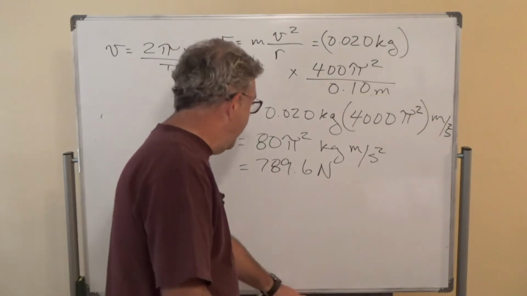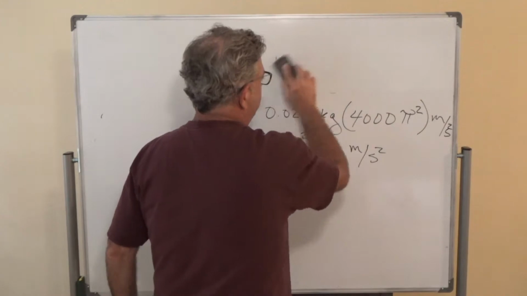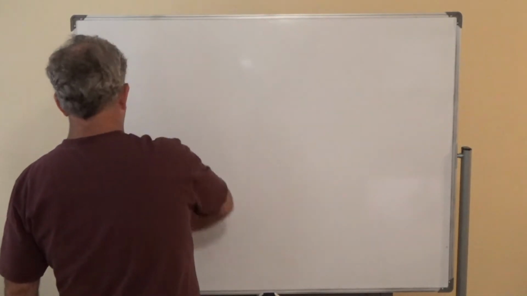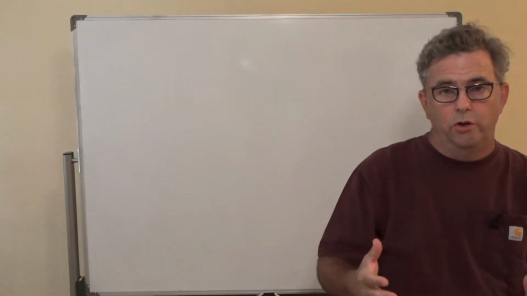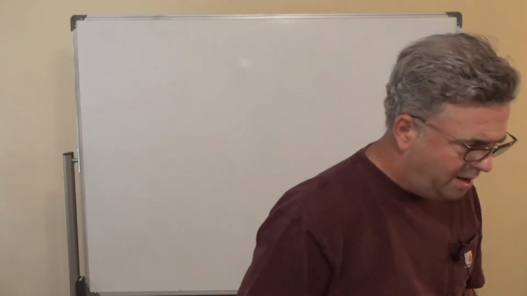Okay, so I want to look at a little more complicated situation. Thinking about an object now including the gravitational force, okay? Like an object, I wish I had something on a string. I don't have any string in here.